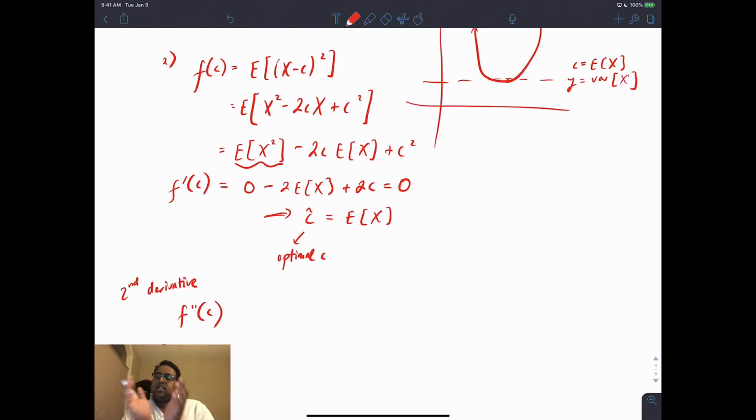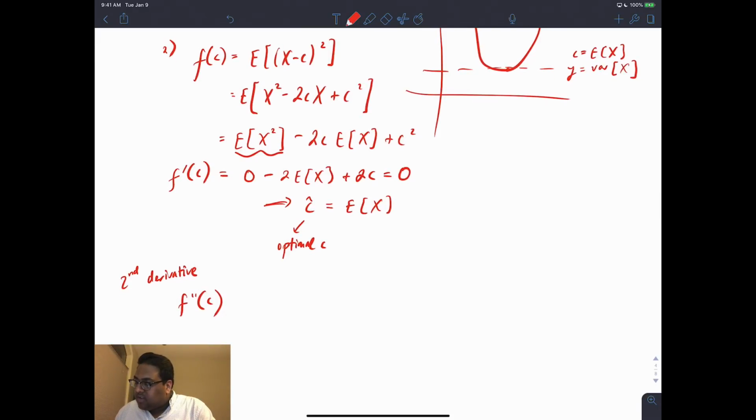If a function looks like this, the optimal value that we've approached is actually a minimum because the function is opening up. And so the second derivative, if this is the derivative, this first term is a constant, and we're left with 2, which is indeed greater than 0. So therefore, the critical point is a minimum.